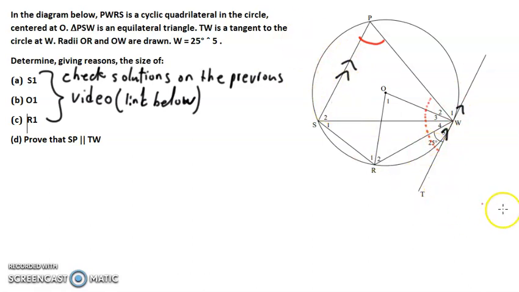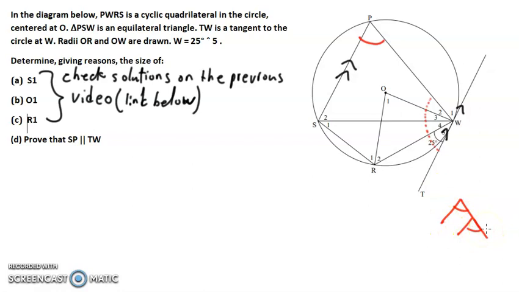There is also another way to prove this, and that is to look for corresponding angles. If we could find corresponding angles, we would also prove that SP and TW are parallel. But then there's none of that.